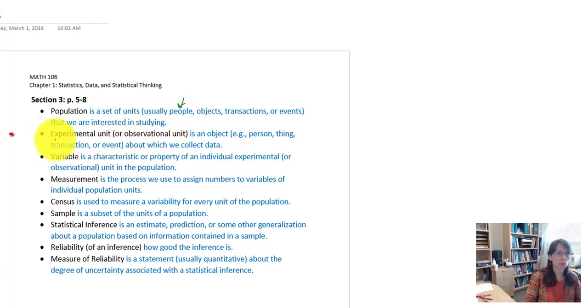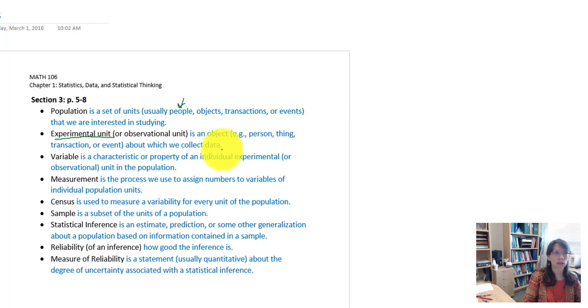The next term is experimental unit or observational unit. This is the object or person or thing or transaction or event about which we collect data. For instance, you might be interested in the test scores for students in a class.